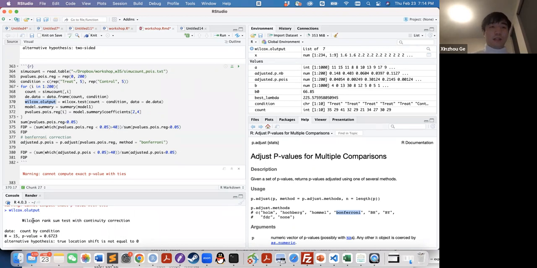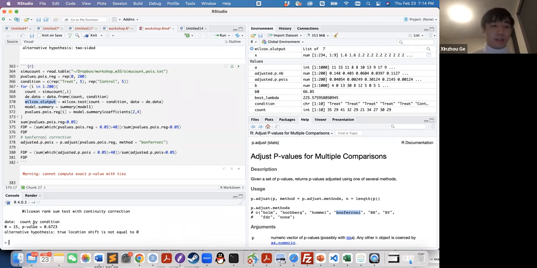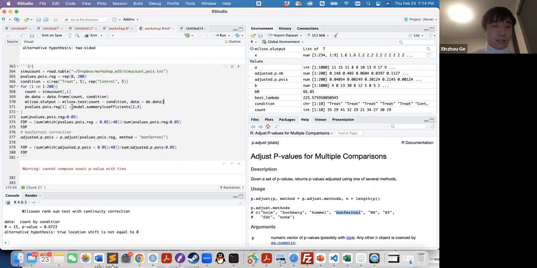it will include the p-values from the test and also the test statistics. Maybe we can change the name of the output, and set it equal to the p-value, equals output dollar p.value.